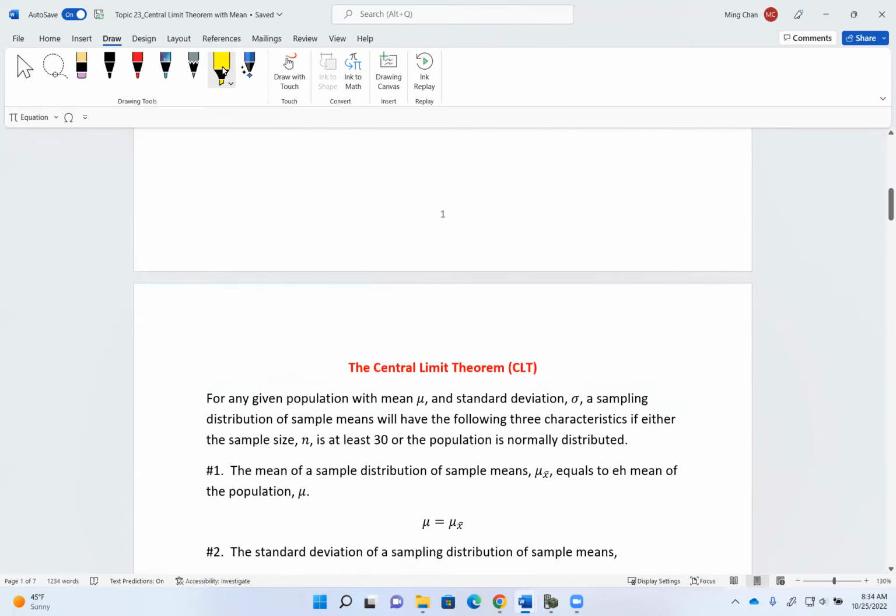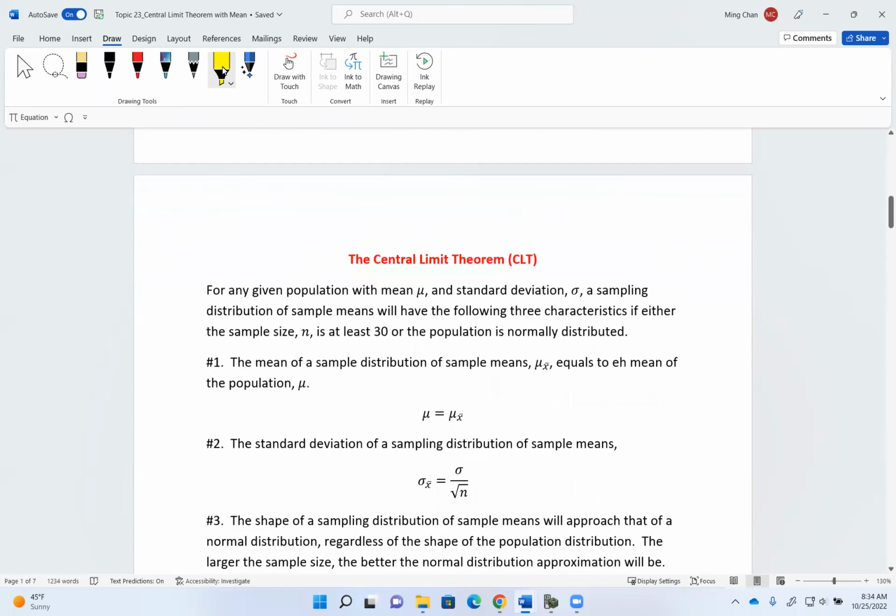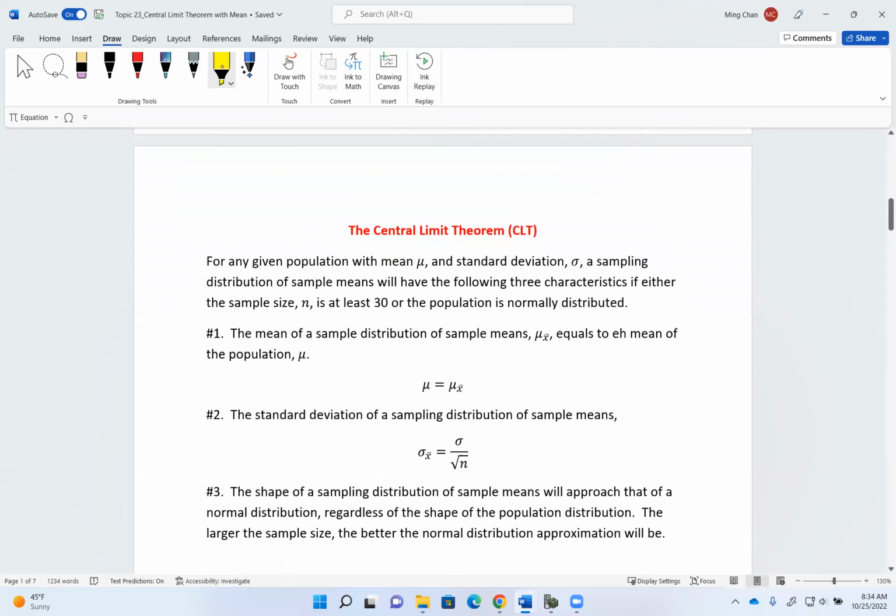So what is the central limit theorem? For any given population with mean mu and standard deviation sigma, a sampling distribution of the sample means will have the following three characteristics, if either the sample size n is at least 30 or the population is normally distributed.